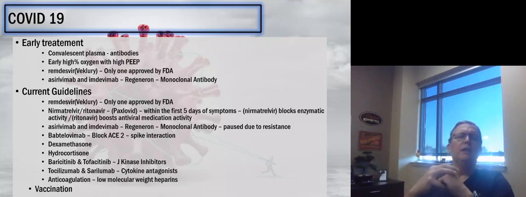So currently what we're doing is, again, remdesivir is the one approved for general treatment. Paxlovid is a newly emerging antiviral, but it has to be administered within the first 5 days of symptoms.